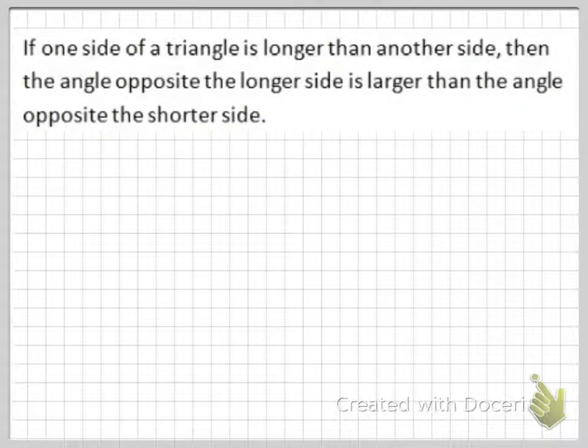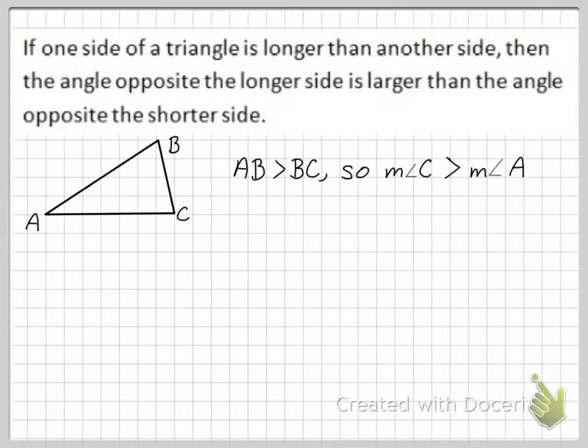And hopefully you've discovered on your own that if one side of a triangle is longer than the other side, then the angle opposite the longer side is larger than the angle opposite the shorter side. So we have, for example, in triangle ABC, the measure of side AB is greater than the measure of side BC.